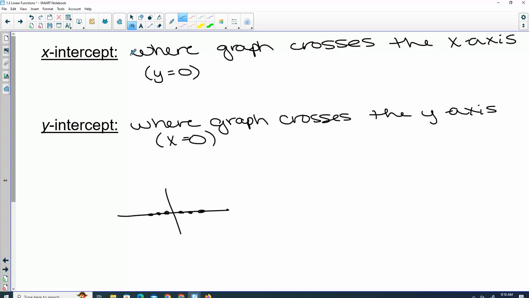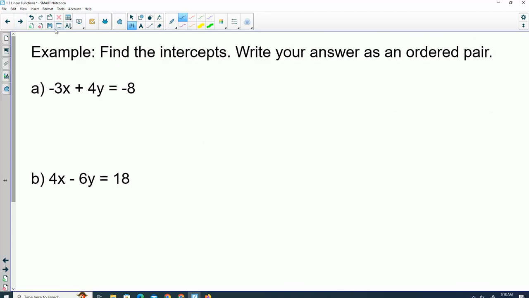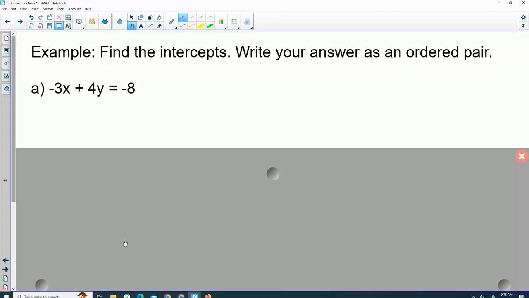Alright, so let's practice finding x and y intercepts. We will do this a lot throughout the year, not just with lines, with all the different functions we need. But it's the same idea every time. If you are on the x-axis, your y value is 0.